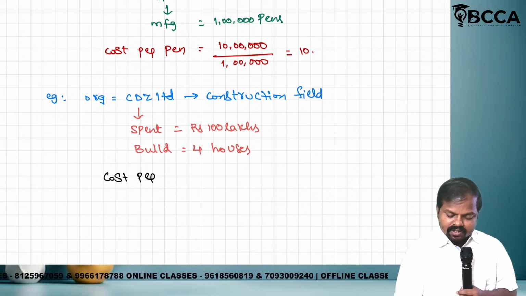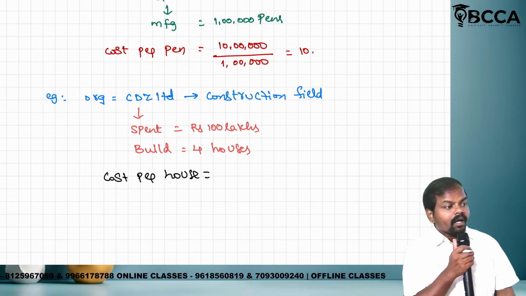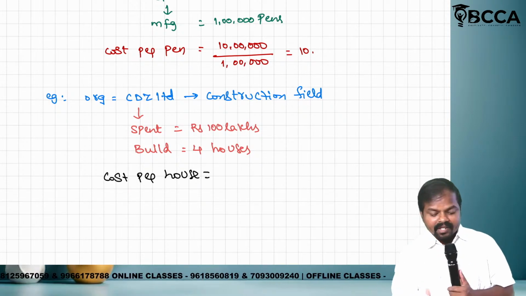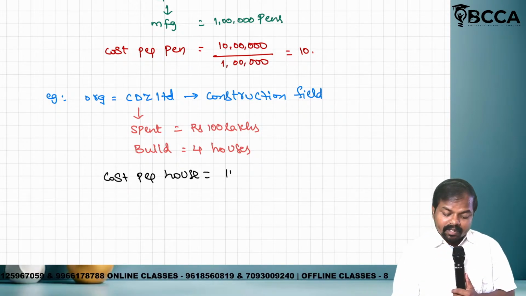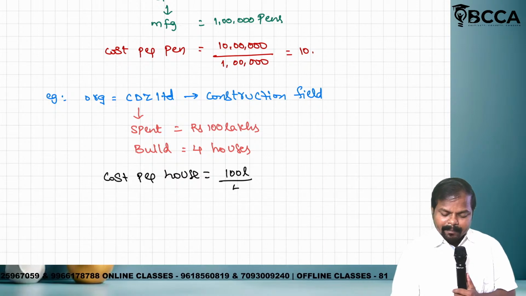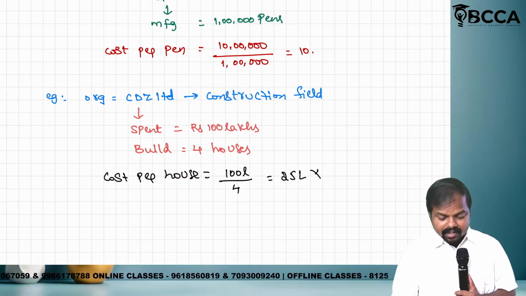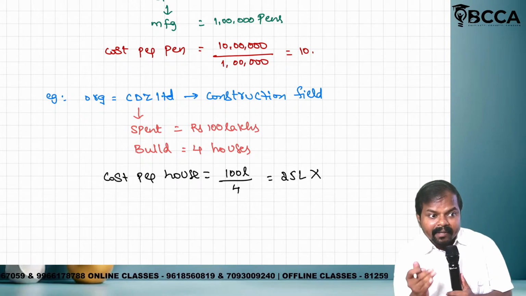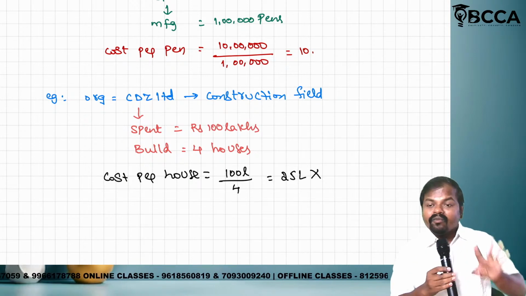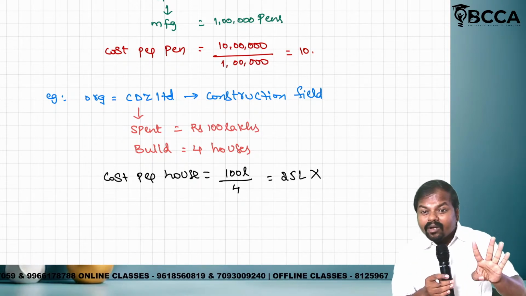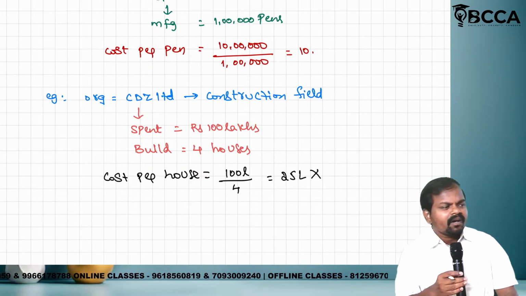How much? Cost per house, how much? How did 25 lakh arrive? 100 lakhs divided by 4 houses. This might be wrong. Why? I told only 4 houses, not the same houses.